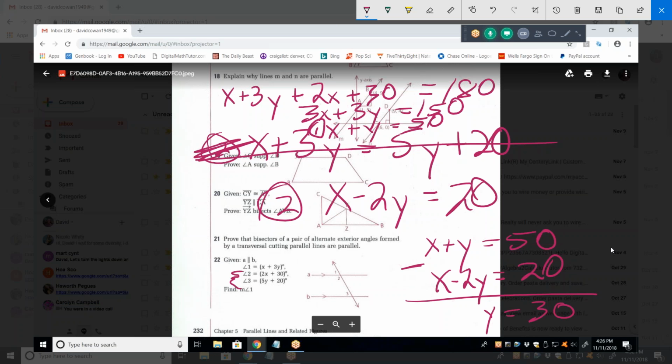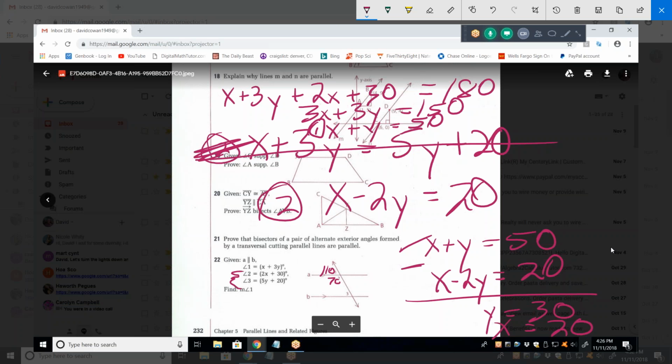And then you can substitute that into this one. So if y equals 30, x equals 20. And that means angle 1 is 20 plus 90, 110. Angle 2 is 40 plus 30, which is 70.